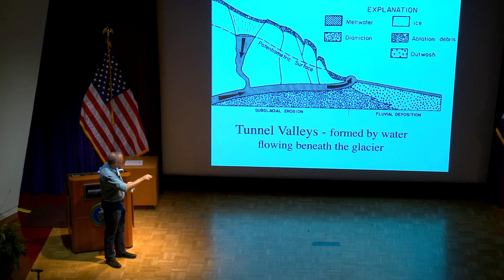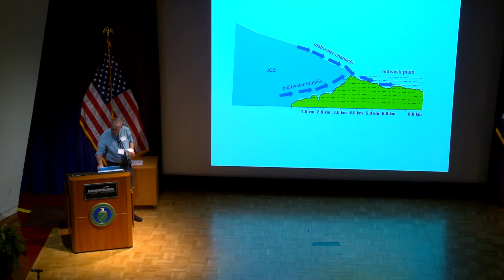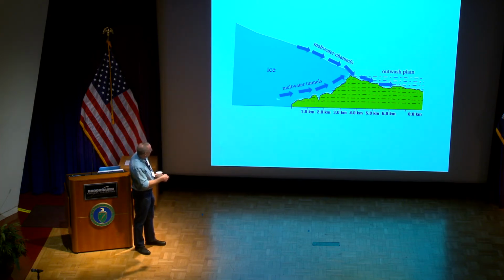So where the ice was, it's lower. Where the ice wasn't, it's higher. Here's another graphic that just demonstrates that. So meltwater flowing up under the ice and over the ice builds up this outwash plain.